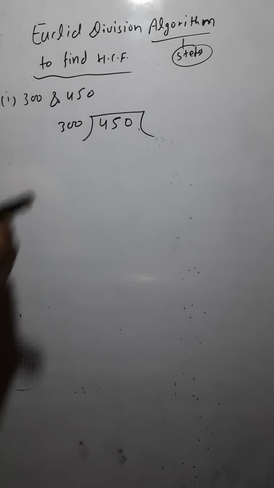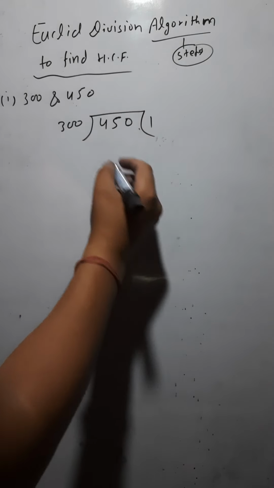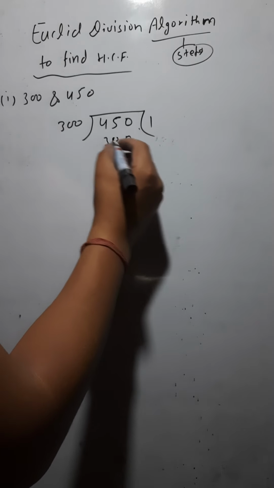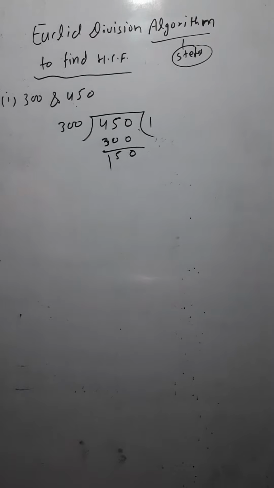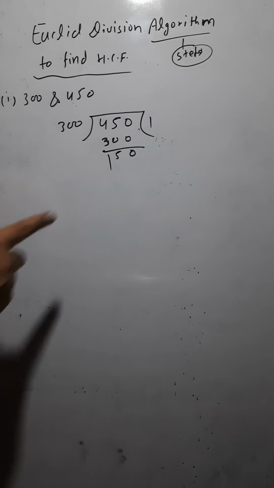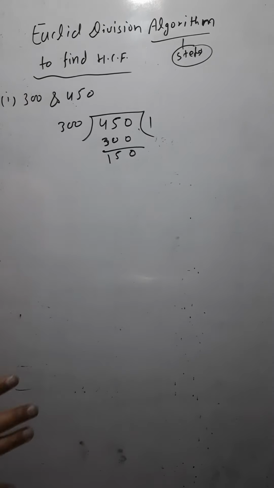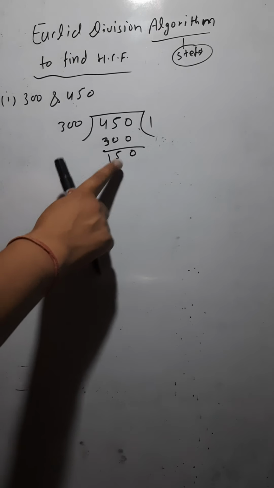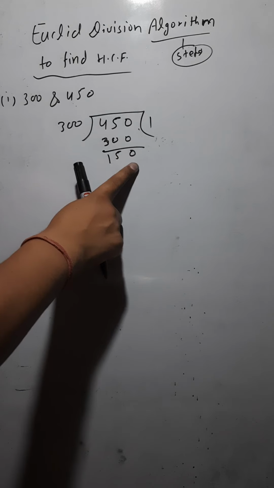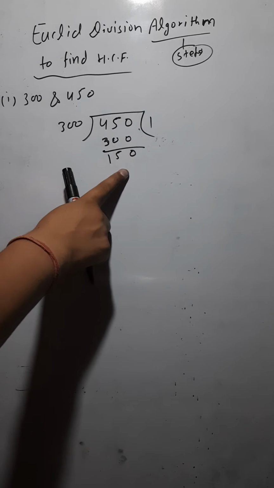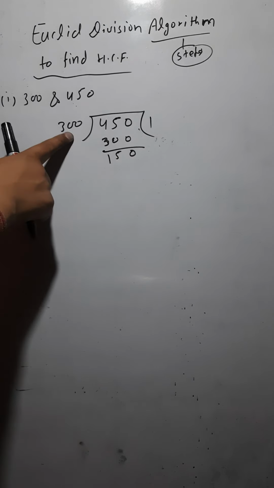Now if you are dividing it, how many times will it go? One time. 300 ones are 300, and the remainder is 150. Now remember, if you are getting a remainder, then that remainder will again be the divisor now, and the previous divisor will become the dividend.